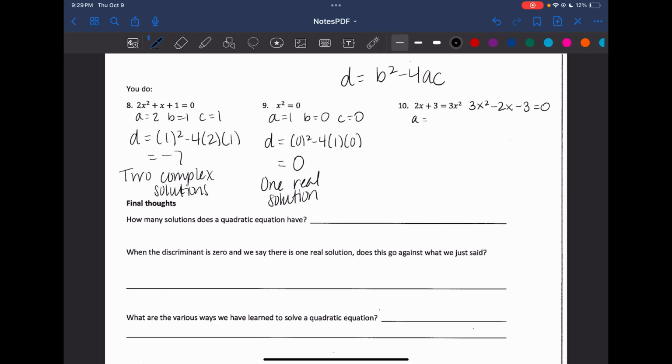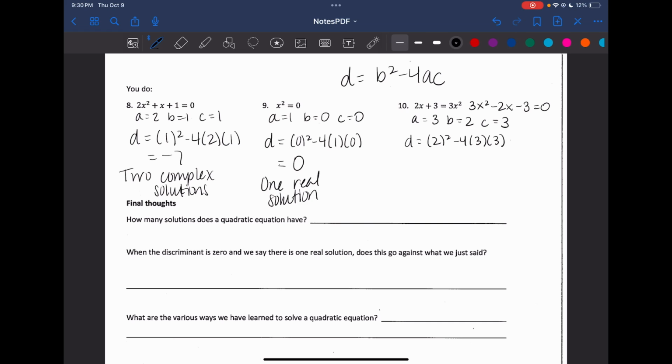So A is equal to 3, B is equal to negative 2, and C is equal to negative 3. So if you plug that into your discriminant formula, you'll just have D is equal to B squared, so negative 2 squared, minus 4 times 3 times negative 3.